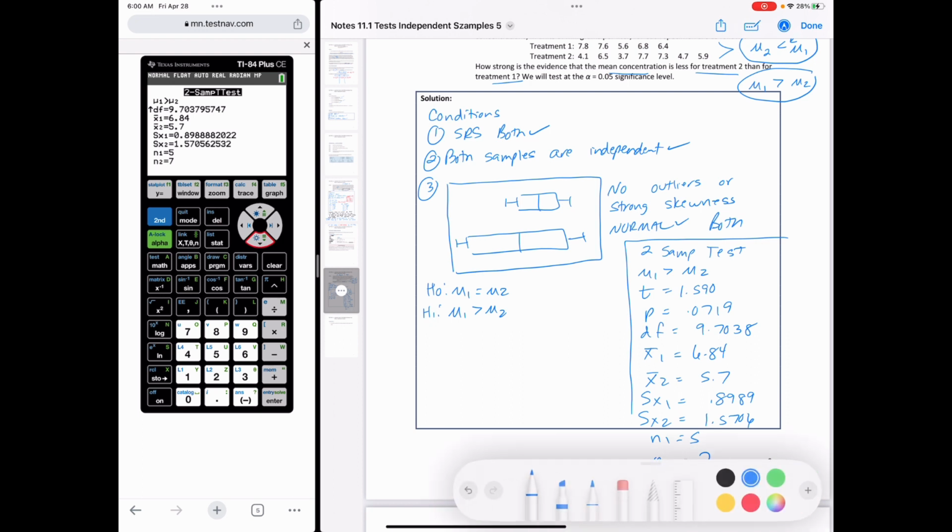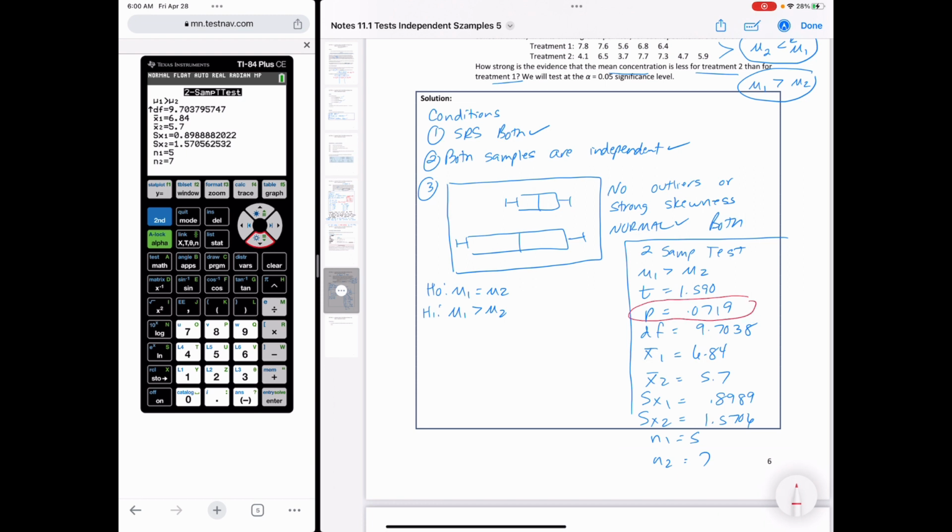If the p-value is low, HO is going to go. This is not low enough for HO to go anywhere. So here's going to be my conclusion.